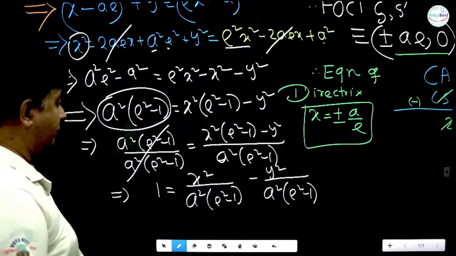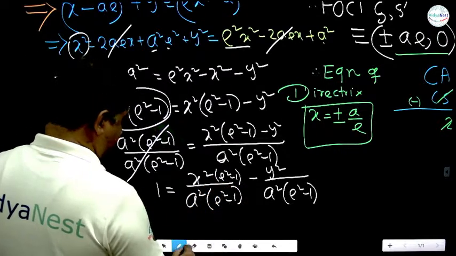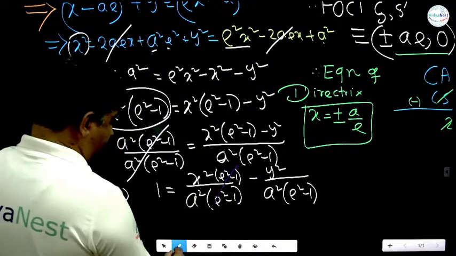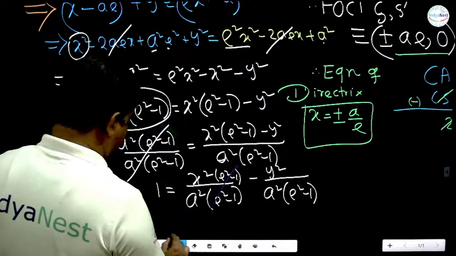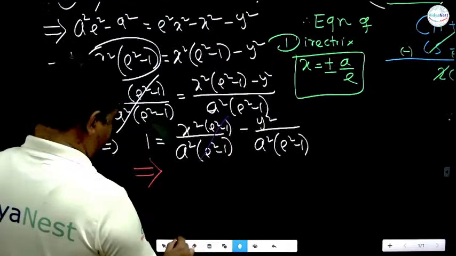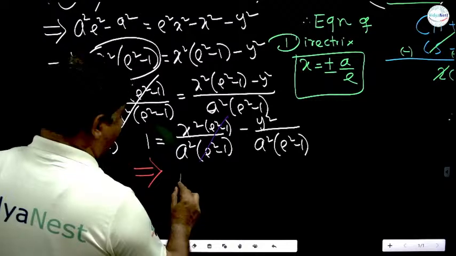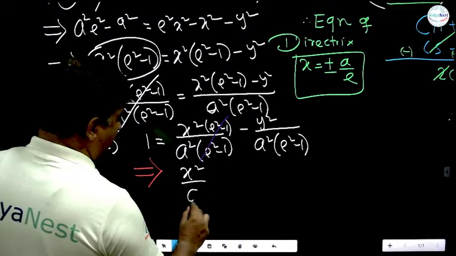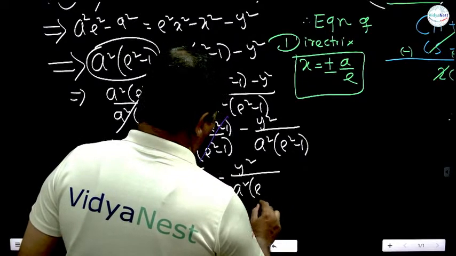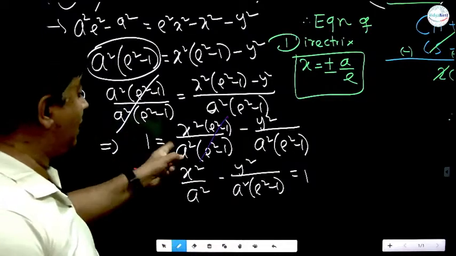Now this part cancel. You will get what? X square by a square minus y square, a square e square minus 1 is equal to 1. This is the equation of the hyperbola.